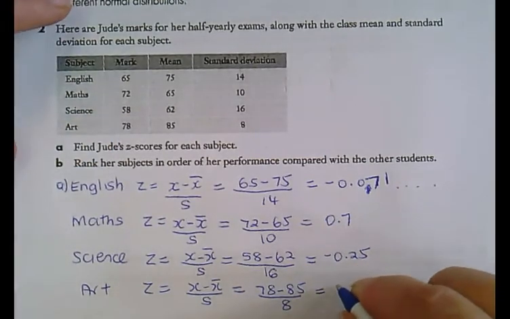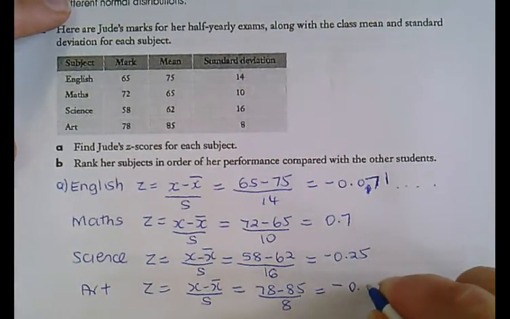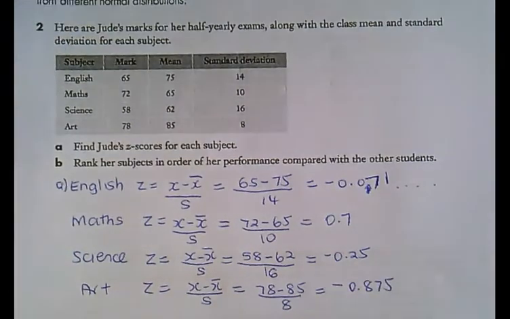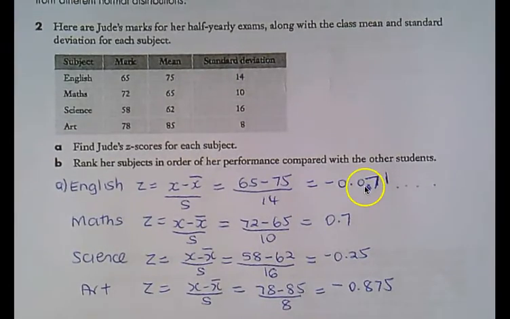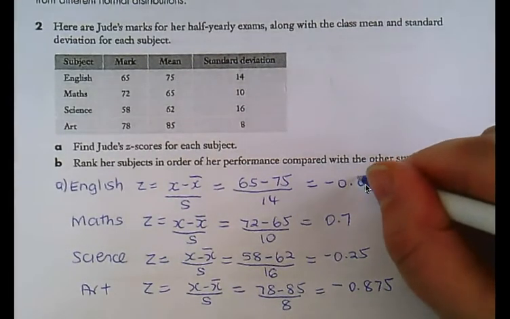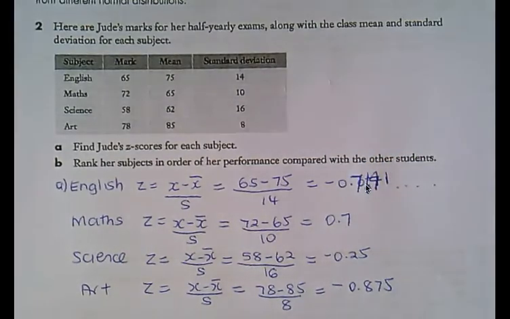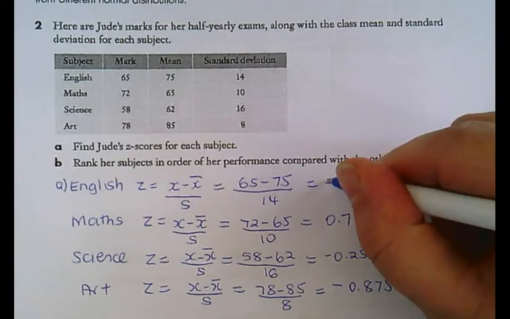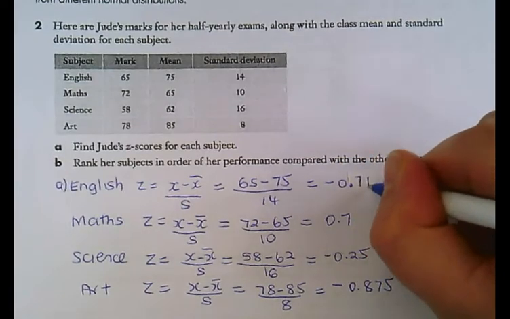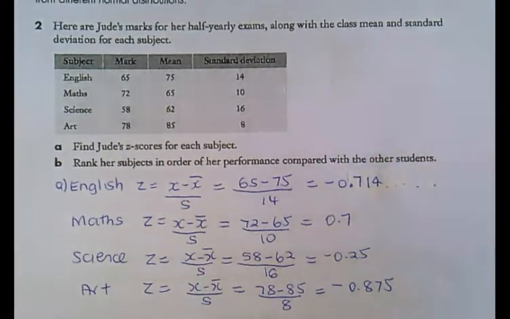That's negative 7/8, which is negative 0.875. Okay, English one is wrong. Oh, did I make a mistake? Yes, sorry, ladies. That's negative 0.714.